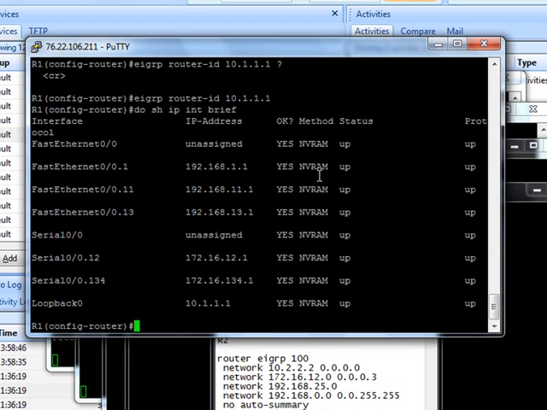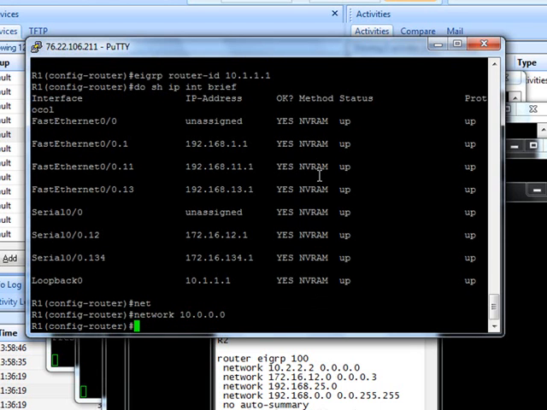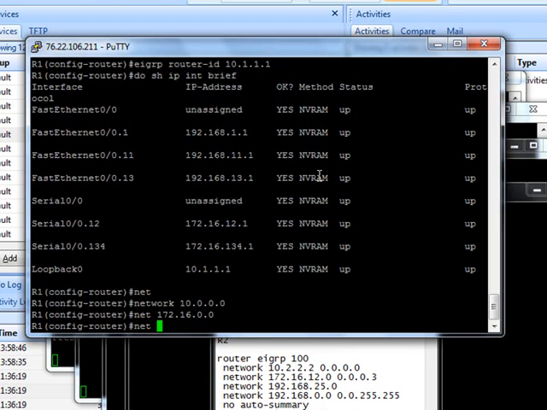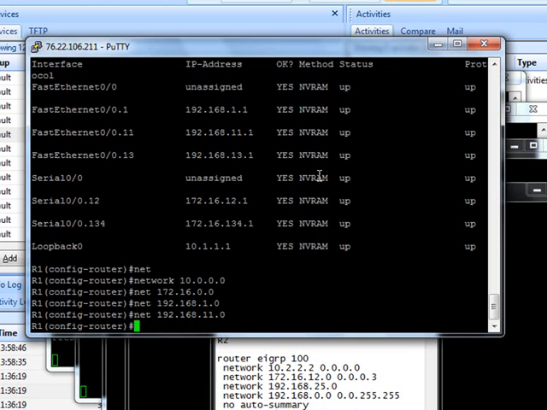Now, one of the options you have in EIGRP is just to use major network numbers. So we're just going to make this easy. So we'll do network 10.0.0.0, then network 172.16.0.0, and then because these are Class C addresses, we have to put them in one at a time. 192.168.10.0, 11.0, and then 13.0.